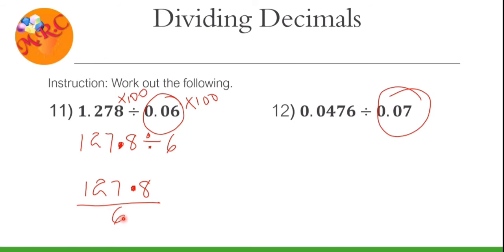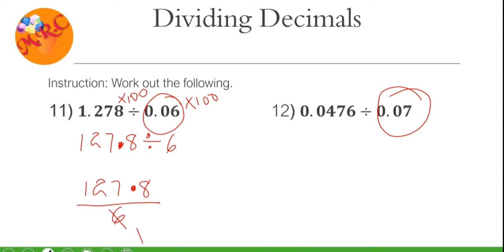So 6 into 6, 1. 6 into 1, we can't divide 6 into 1, so that would be 0. But because it's a whole number, putting 0 at the front would not change its value, so we're not going to put a 0 there.